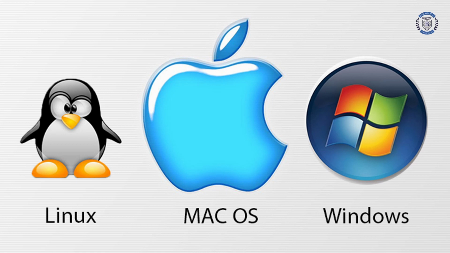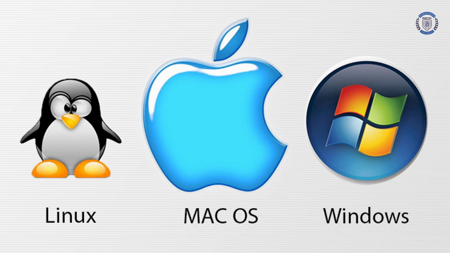Microsoft created the Windows operating system in the mid-1980s. There have been many different versions of Windows, but the most recent are Windows 11, Windows 8, 7, and Windows Vista. Mac OS is a line of operating systems created by Apple.